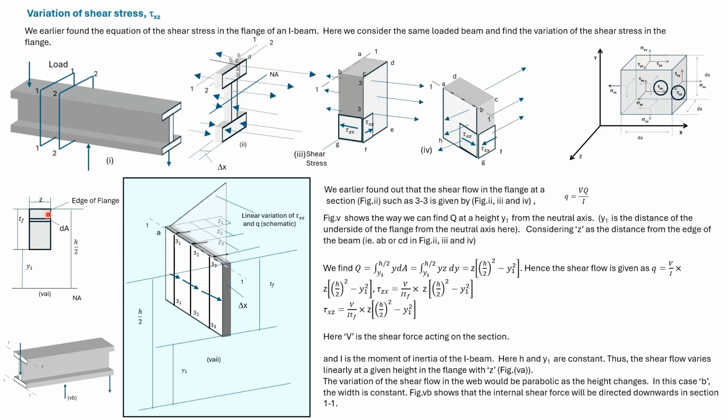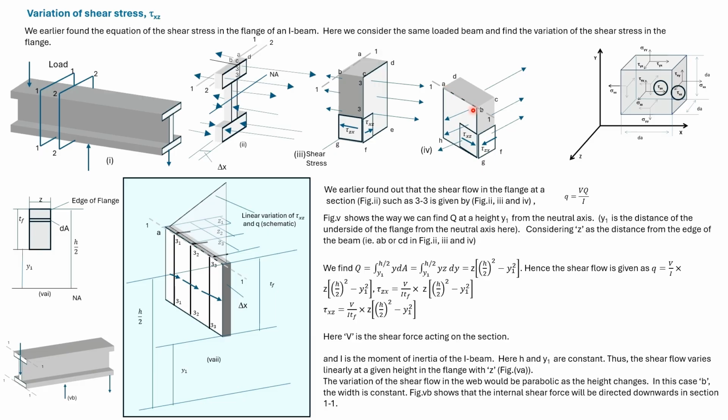Consider an infinitesimal element of area dA. This element is at a distance y from the neutral axis. Then the statical moment is the integral of y dA, integrating from y1 to h by 2.